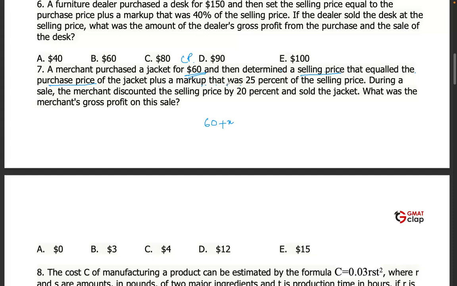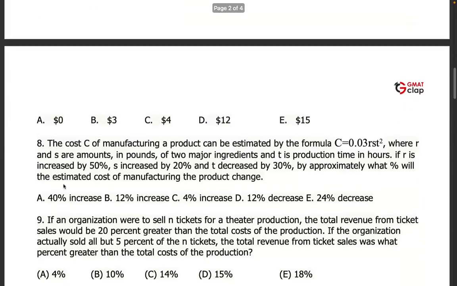What is the meaning? 25% of SP is equal to X. $4. Okay. Cool. Next.